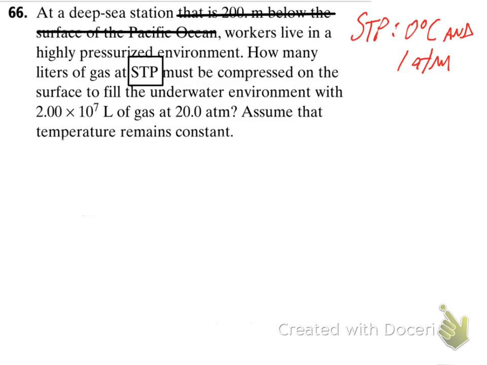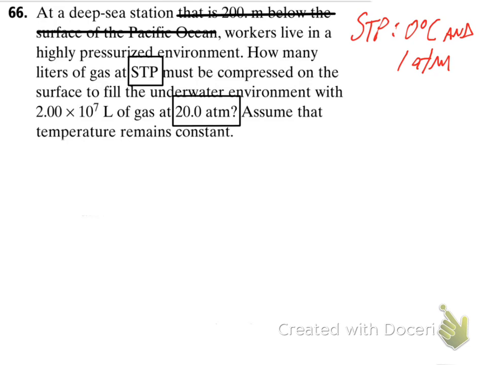How many liters of gas at 0 degrees Celsius and 1 atmosphere must be compressed on the surface in order to fill the entire underwater environment with 2.0 times 10 to the 7th liters of that gas? And now you see the effect of pressure. If I go apparently 100 meters deep into the Pacific Ocean, I'm increasing my pressure to about 20 atmospheres.